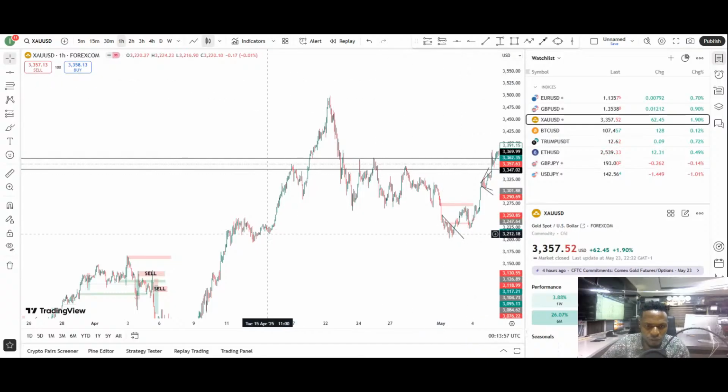At this point, price moved up significantly, right? I take my horizontal line, I pick the low of this candle here, right?